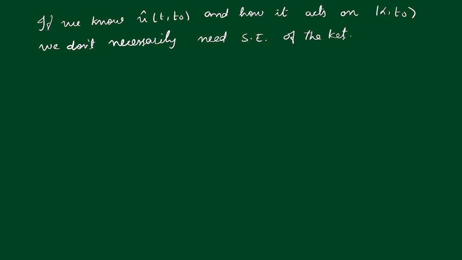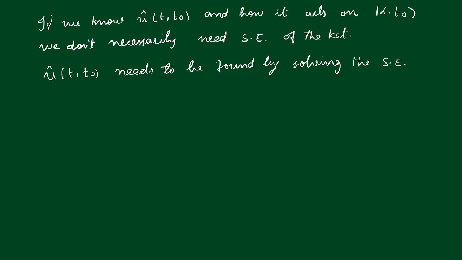We don't necessarily need this. U(t, t0) needs to be found by solving the Schrodinger equation for, let's say, U. Alright, okay, ഇനി ഇതിൻ്റെ സൊല്യൂഷൻ പല രീതിയിൽ വരും.